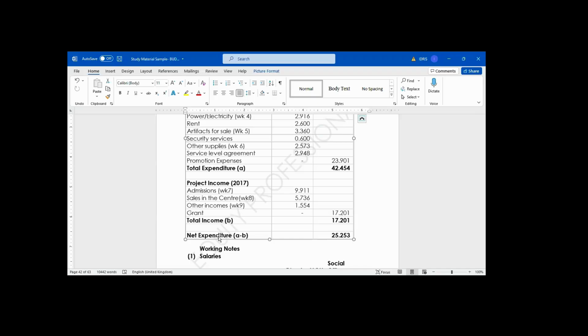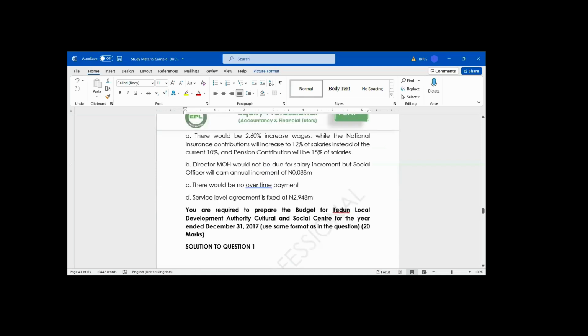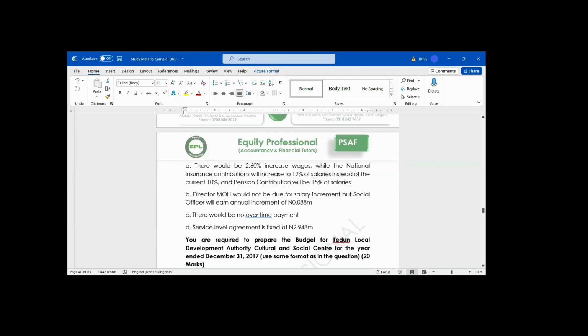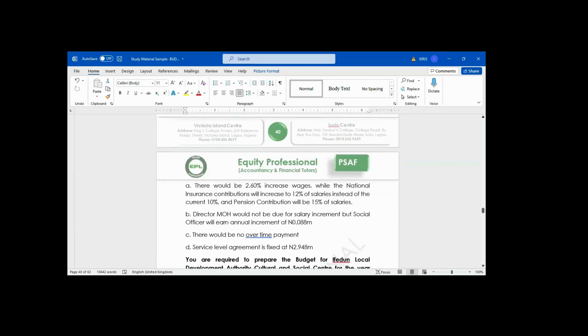So in the absence of question, I have a question. There is a note that we did not make use of. Which note? The additional information, where they have director MOH would not be due for social, officer will earn annual increment of 0.88 million.